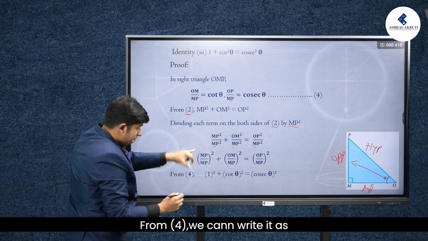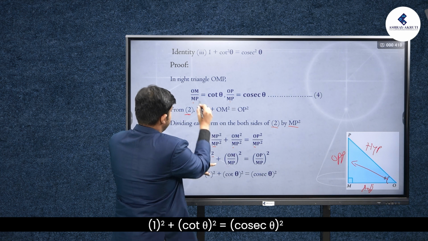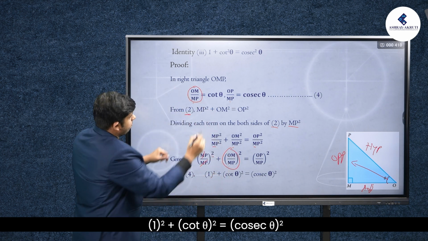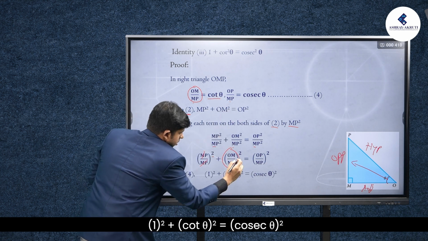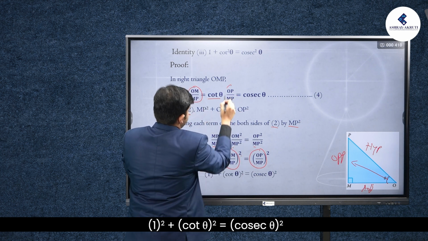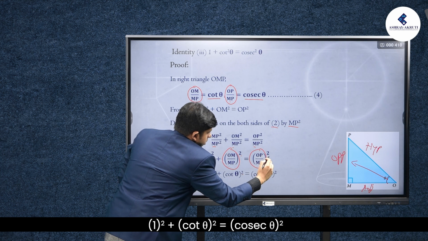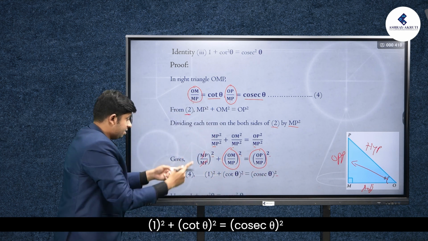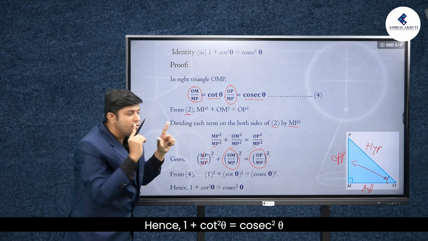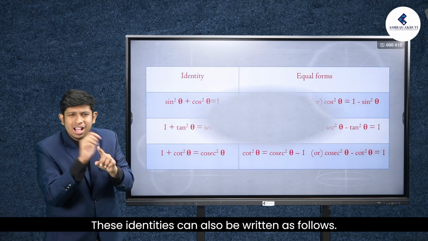From 4, we can write it as 1 square plus (cot theta) whole square is equal to (cosecant theta) whole square. Hence, 1 plus cot square theta is equal to cosecant square theta. These identities can also be written as follows.